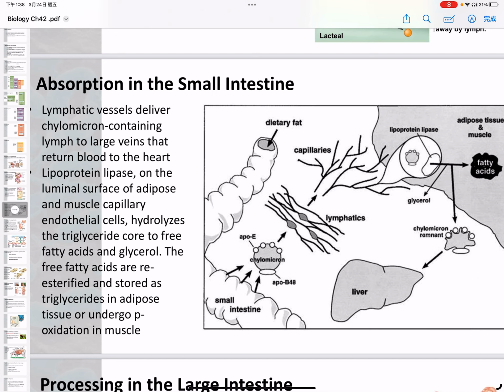So the chylomicron enters the lacteal, and the lacteal leads to some bigger lymphatic vessels, and these lymphatic vessels deliver our chylomicron-containing lymph to the large veins that return the blood to our heart. And then the chylomicron will travel through our body with the bloodstream.